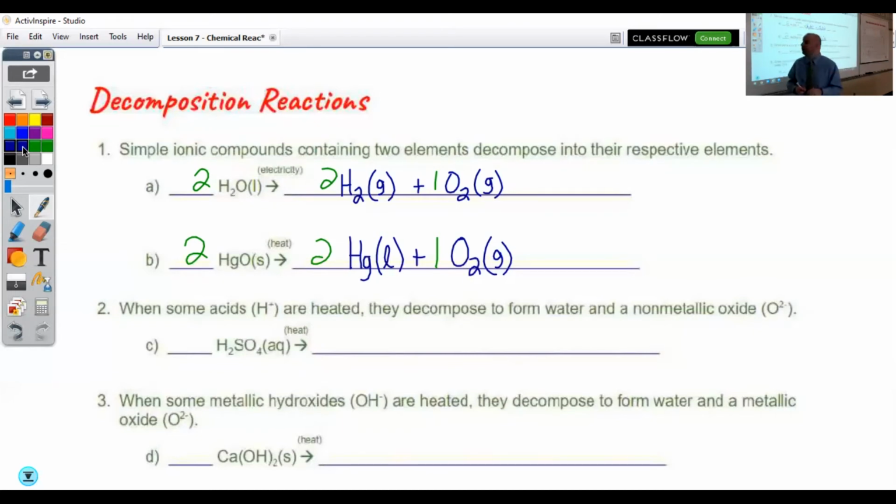So what you want to do is look at your acid and then subtract water out from that acid. So if I have H2SO4 and I pull out the H2 and 1 oxygen to make water, I'm left with SO3.